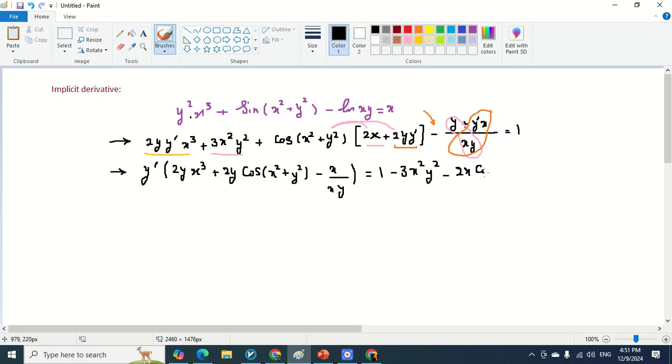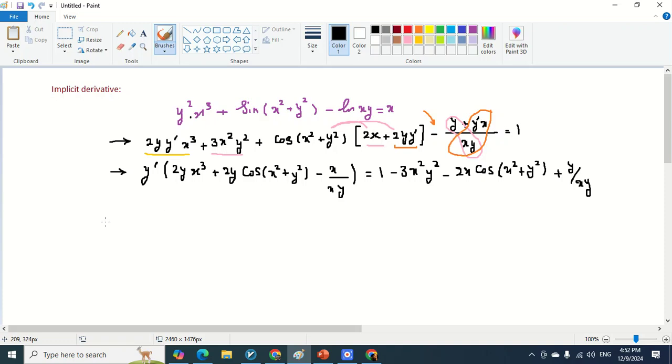So the cosine of x squared plus y squared should be written here. And also I have minus some terms over there that I should shift to the right side, and if I shift it to the right it will be plus y over xy, that the y also can be cancelled with the y at the denominator.